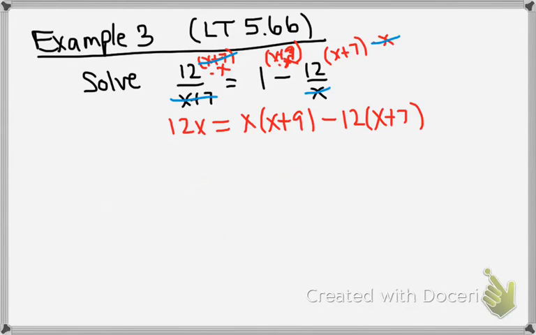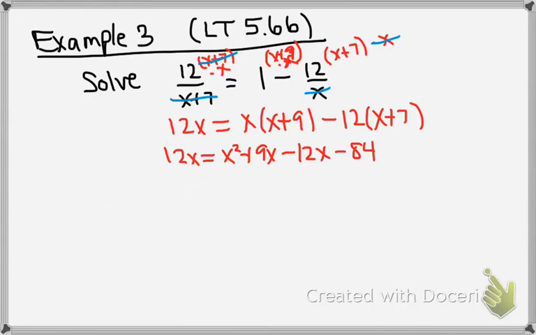And now again, there are no denominators, so it just becomes a regular algebraic equation to solve. So let's go ahead and solve it. The first thing we need to do is distribute to get rid of our parentheses. So 12x equals x squared plus 9x minus 12x minus 84.